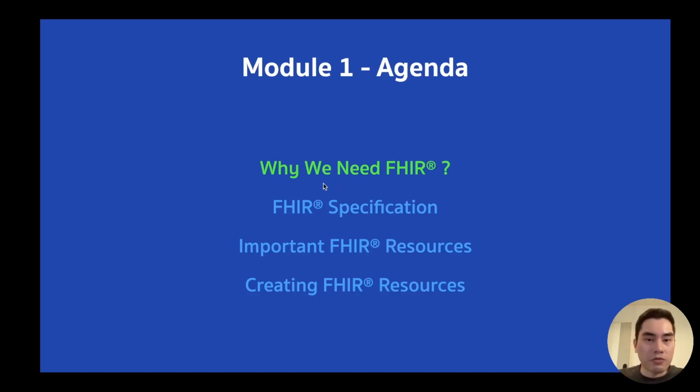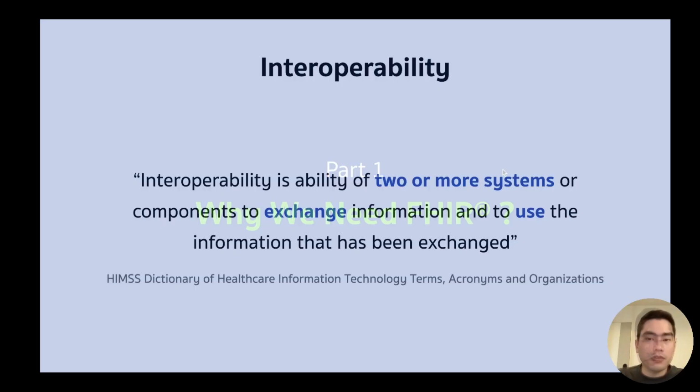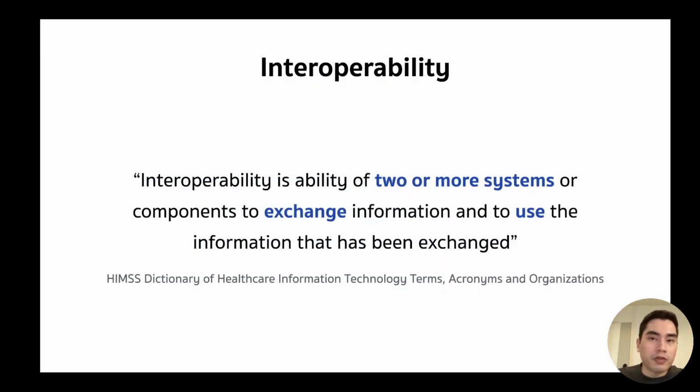Okay, so now we begin the first part, why we need FHIR. Before we talk about FHIR, we have to talk about interoperability first. Interoperability is the ability of two or more systems or components to exchange information and to use the information that has been exchanged.